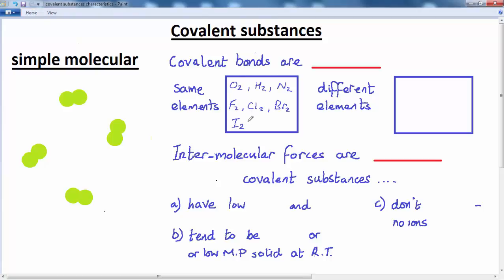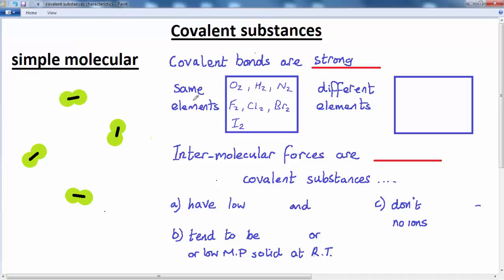Now notice that these are all elements. They appear on the periodic table, but they all exist as diatomic molecules. So the covalent bonds that hold these atoms together are really very strong bonds. Okay, so these atoms are held together by strong forces.